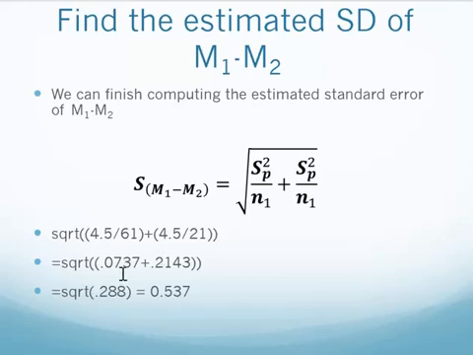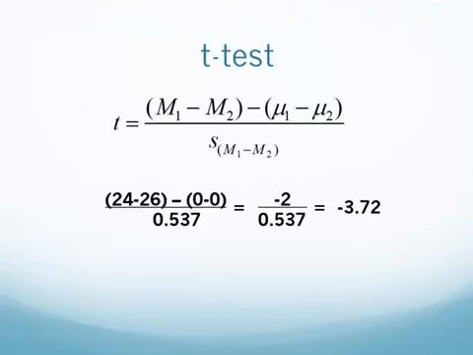And that gives us 0.0737. 4.5 would go here, and we would divide this by 21, which is the sample size for the second sample. And that turns out to be 0.2143. If I sum these values up, I get 0.288. Then if I find the square root of that, I get 0.537. So 0.537 should have been your estimated standard error of the mean.